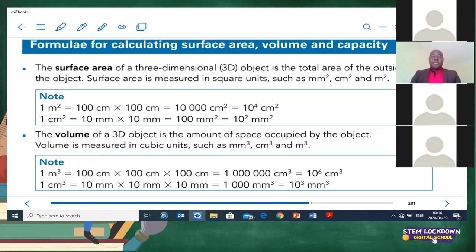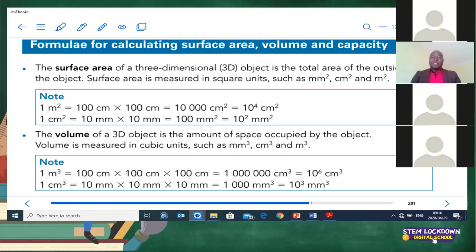And of course, 1 square centimeter will give you 10 millimeters multiplied by 10 millimeters, which is equal to 100 square millimeters.